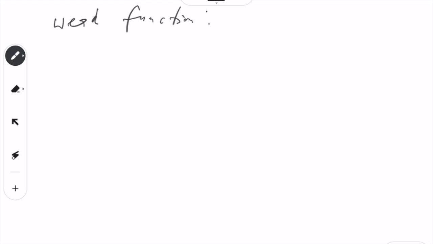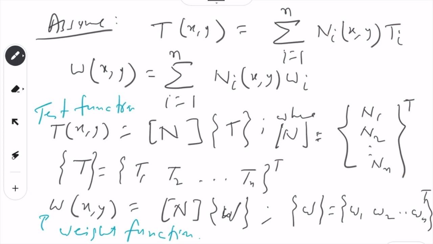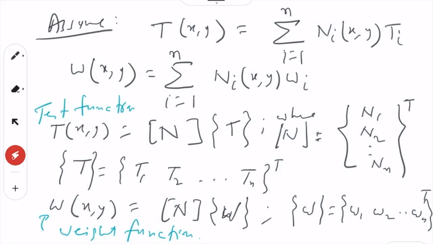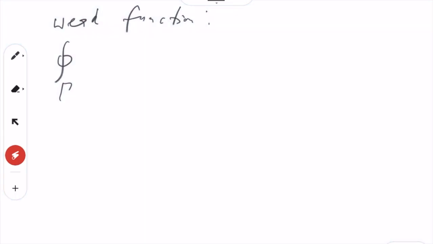The first term is this, and then we have W, where W is given by n times the weight vector.